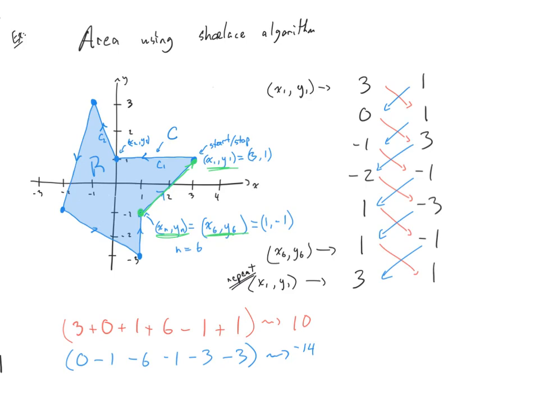Taking red minus blue, so my total area, or twice my area, is 10 minus 14, which is 24. So my area is 12.